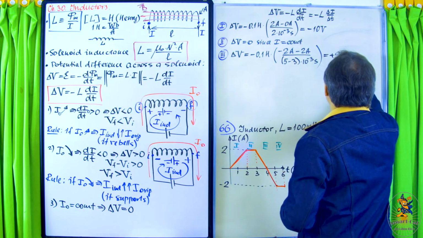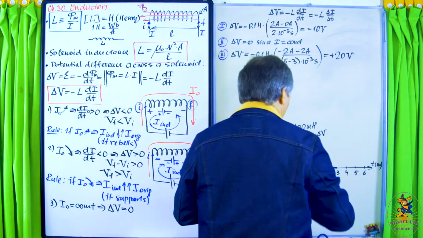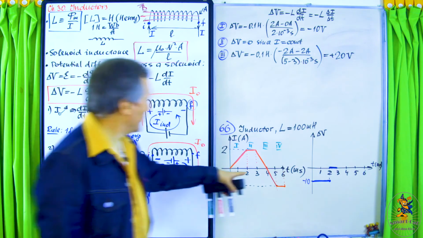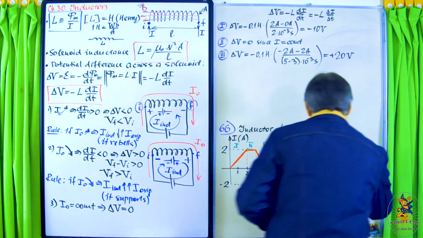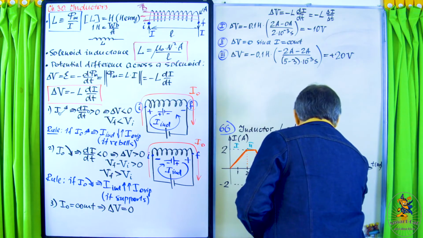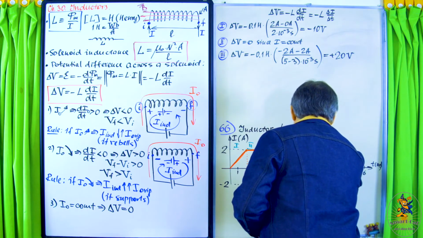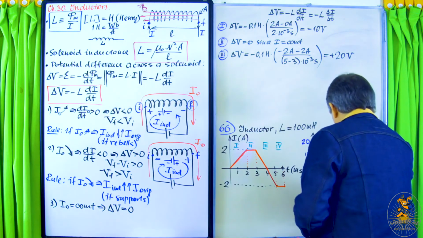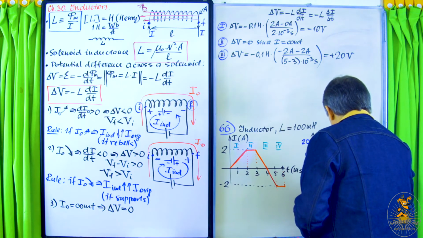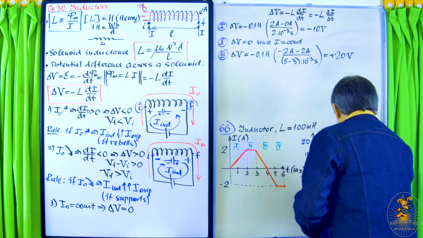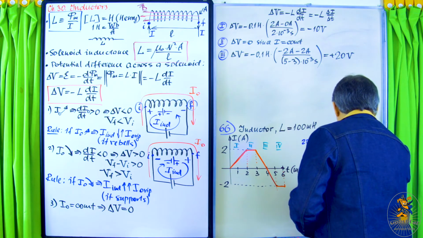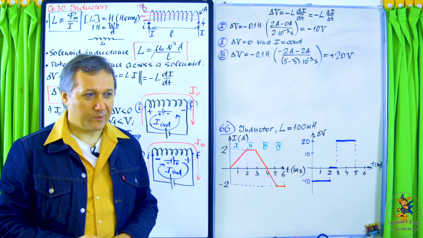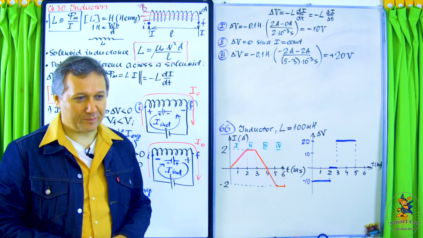Okay, so now we can draw that part of the graph. So between 3 and 5. Let's say this is 10, this is 20, right? So between this and this, the potential difference stays constant and positive, 20 volts.